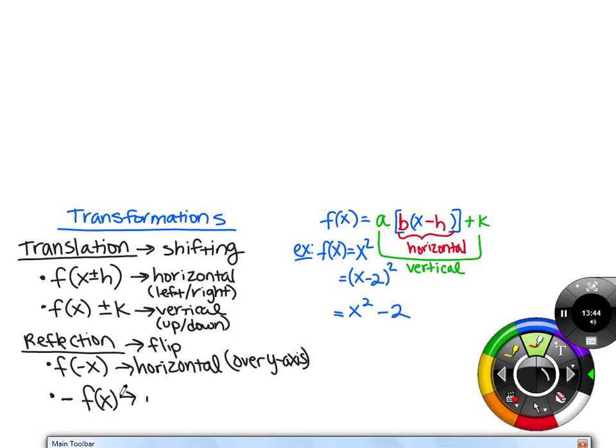This is going to cause a vertical reflection, which we talked about would reflect over the x-axis. And I'll be out of your way. How come with absolute value functions, we didn't see any of these horizontal reflections?